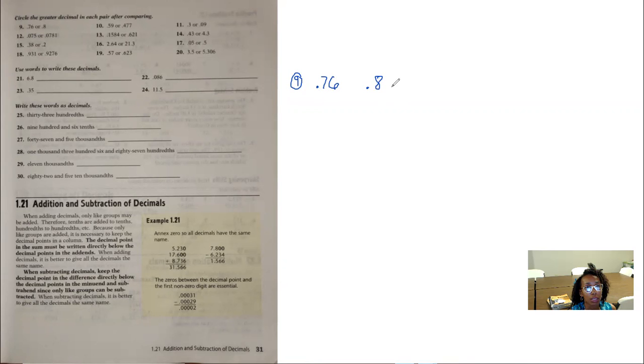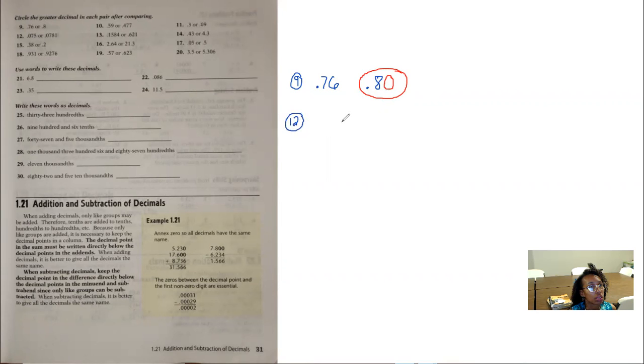I've got 2 places here, so I need an extra place right there. So now I'm comparing 76 with 80. And it just says to circle the one that's greater. Well, now that they're the same number of places, I can see that this one is the larger one. Okay, I hope that's making sense. Like I said, we'll talk more during class if you're having trouble.